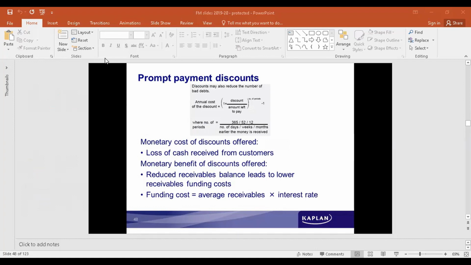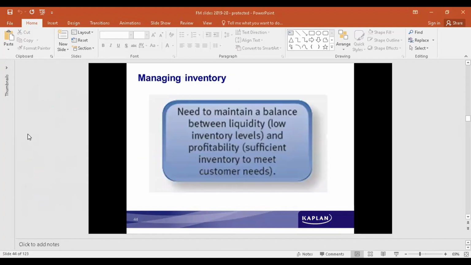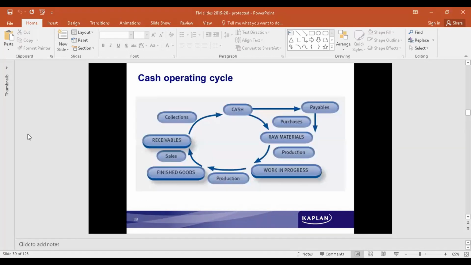So, since we have already looked into the cash operating cycle, if it is for a longer period, see, because of selling goods on credit basis, if the finished goods were sold here on cash basis, the operating cycle would end here itself, but this got extended because they sold it on credit basis.